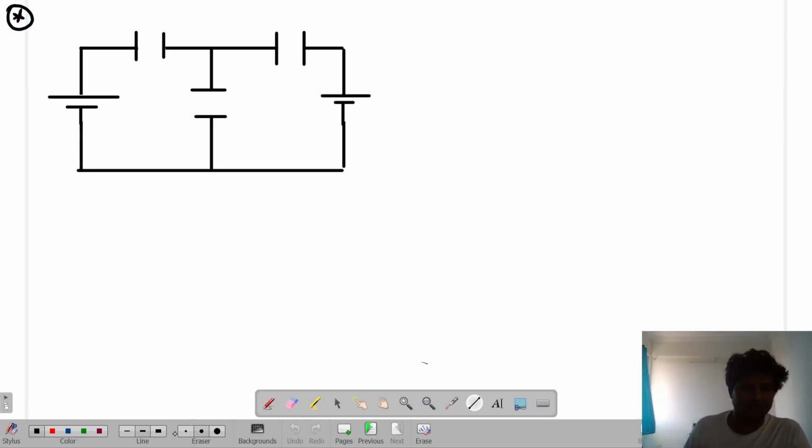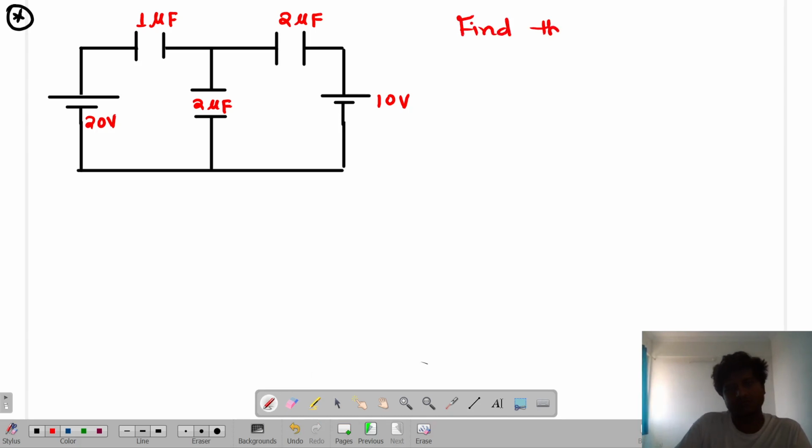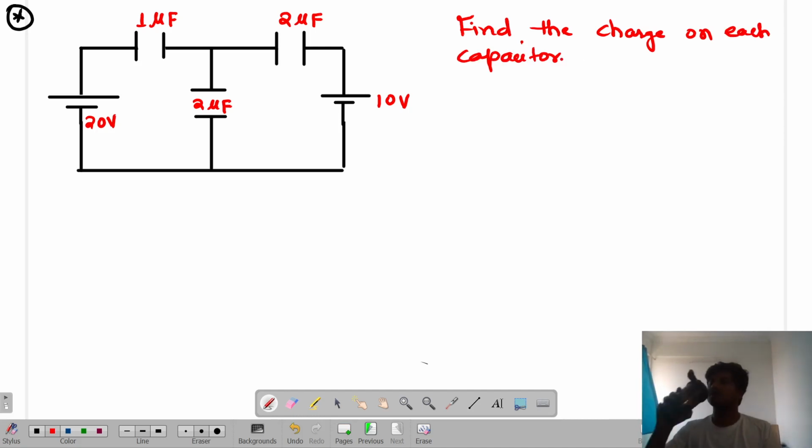Are you able to get me or not? Let's suppose this is 20 volts. This is 1 microfarad. This is 2 microfarad, and this is also 2 microfarad, and this is 10 volts. Question is, find the charge on each capacitor.